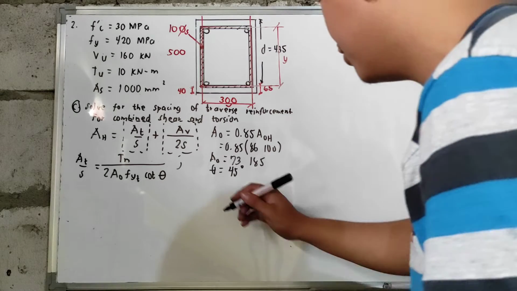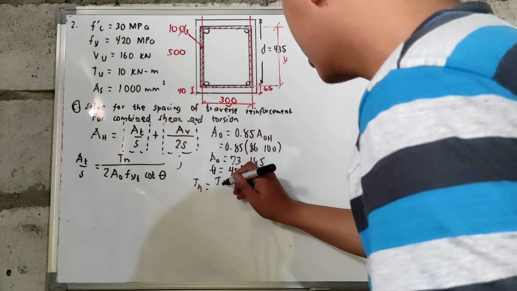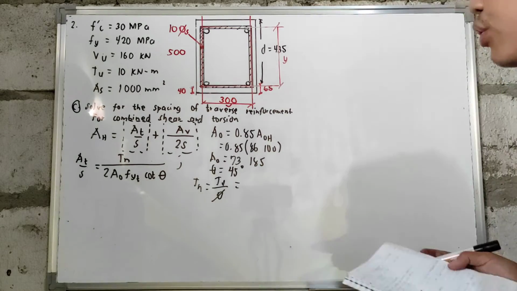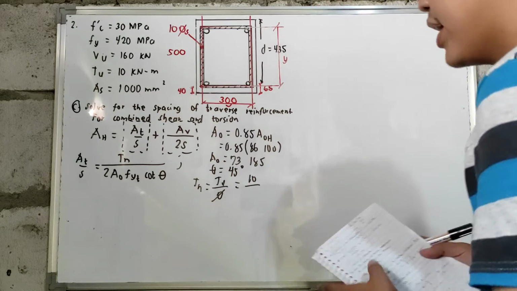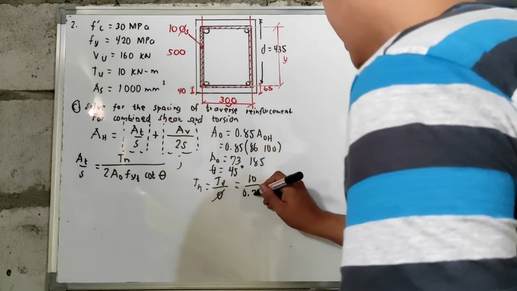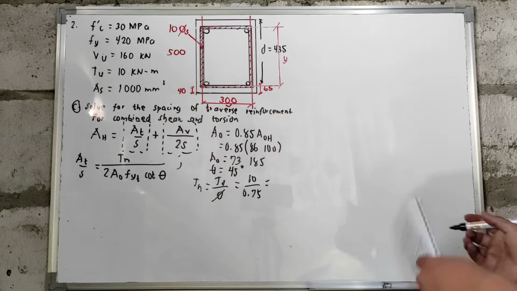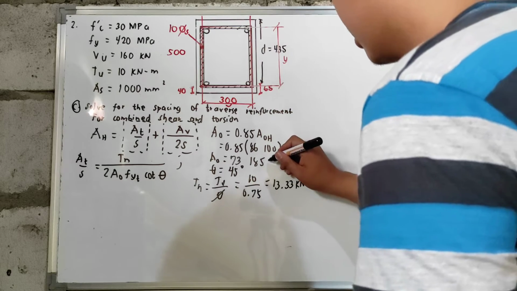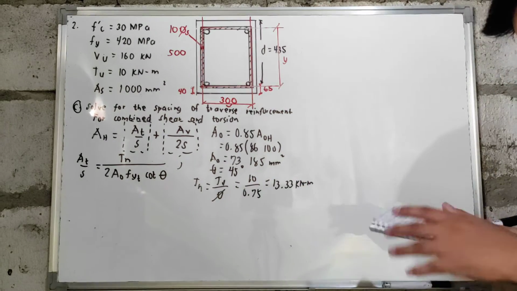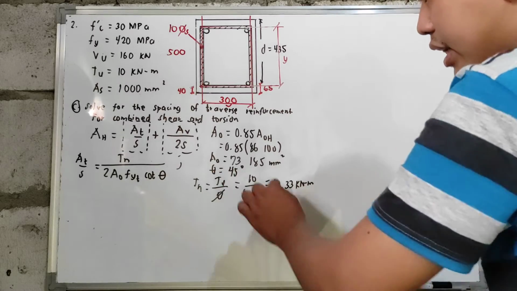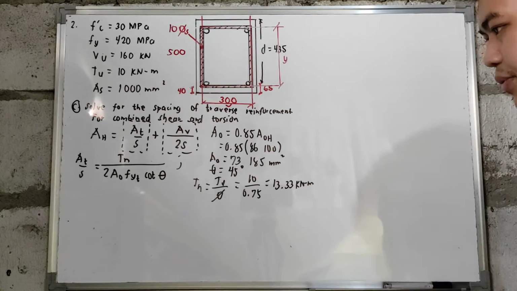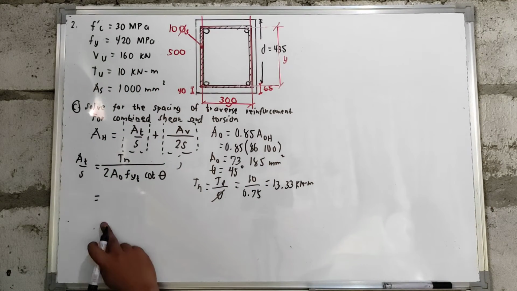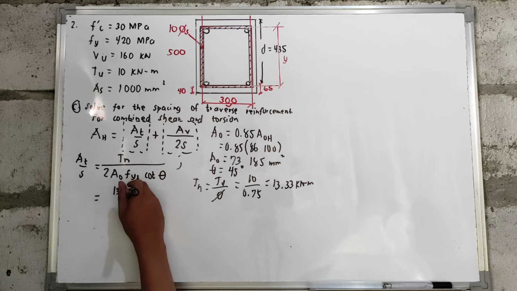And the value of your nominal torsion, that is yung ultimate torsion divided by yung reduction factor natin. So yung TU natin, that is 10, divided by yung reduction factor natin na 0.75 since NSCP 2015 yung ginagamit natin. So we will have 13.33 kilonewton meter. After nating makuha yan, so etong theta natin, for non-prestress lang to ha, that is 45 degrees. So kung isa-substitute natin yung mga values natin, so you have na Tn, that is 13.33.